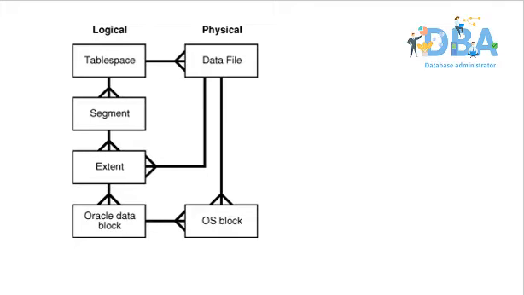No, it is a logical representation, and it is called a table space. That doesn't mean that it will only consider the table data. It will be storing all the database objects like indexes, views, tables, materialized views, sequences, etc.